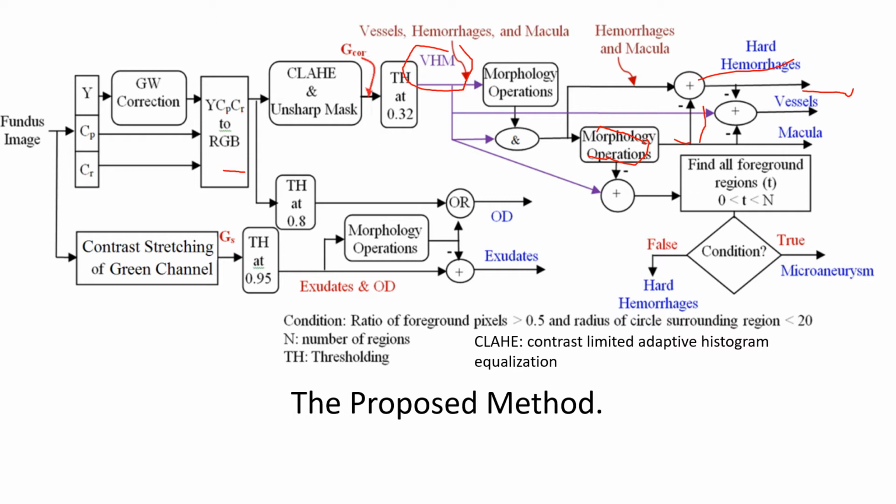Anyway, as shown in this diagram, we could extract most or all of the lesions: optic disc, exudates, hard hemorrhages, vessels, macula, and microaneurysms. It successfully extracts most of the pixels affected by one of the lesions of the DR.